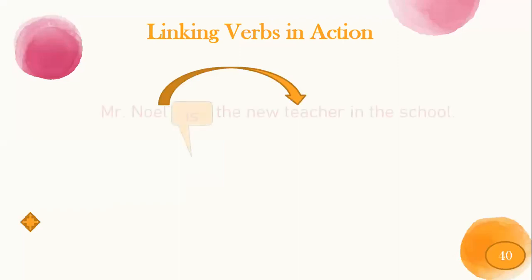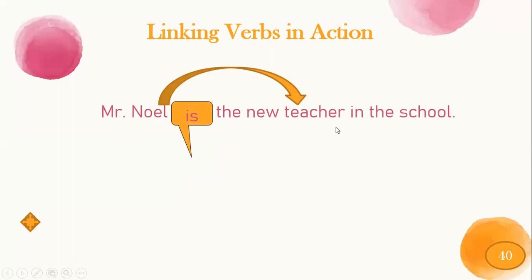Let's take another example. Mr. Noel is the new teacher in the school. What is the verb? Is. Is it linking or action? Linking. It's a linking verb. What do we have after the linking verb here? New teacher.